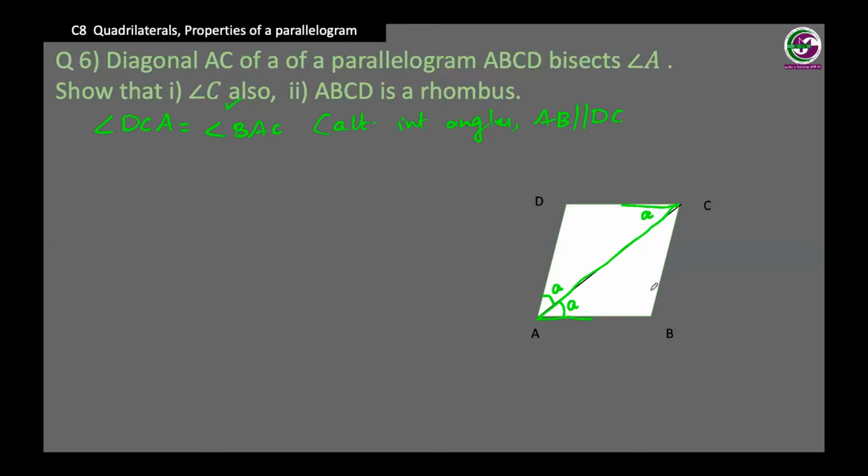Also, we can find that AD is parallel to BC. AD parallel to BC will let us take the alternate interior angles. If this angle is A, this will also be A. Angle DAC is equal to angle BCA, for the same reason, AD parallel to BC.